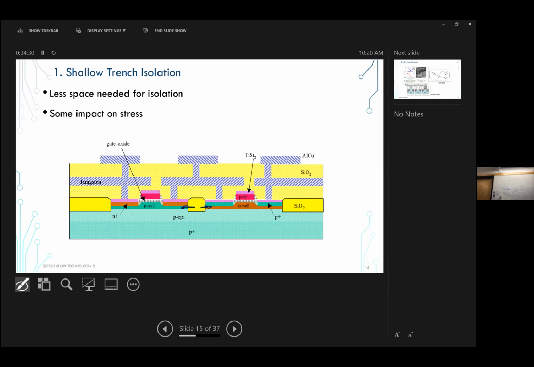Now they control that really well. They do this subatmospherically and so on. But it also depends on how much pressure you get from something like that. So depending on how much isolation or how much well space you have, there will be different performance in these devices.